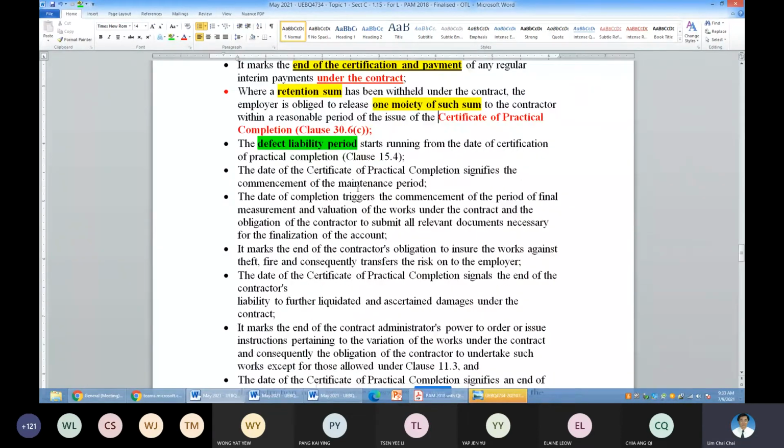Okay, so it's important: certificate of practical completion to the contractor, retention sum release, defects liability commence. If not, the contractual liability on these defects is so-called open or at large.